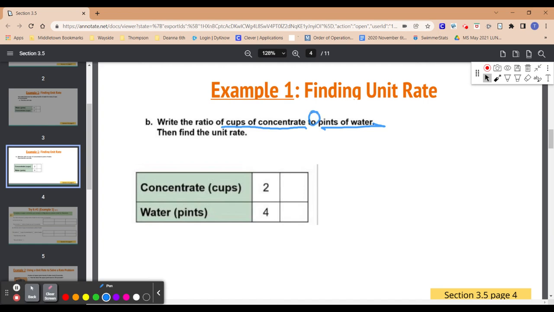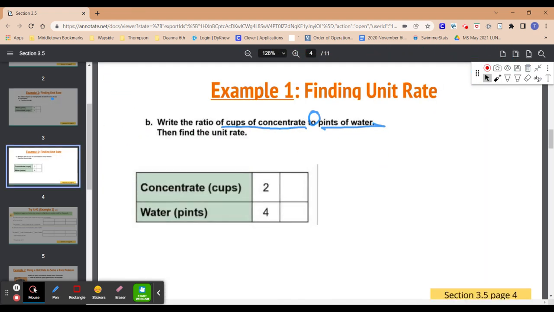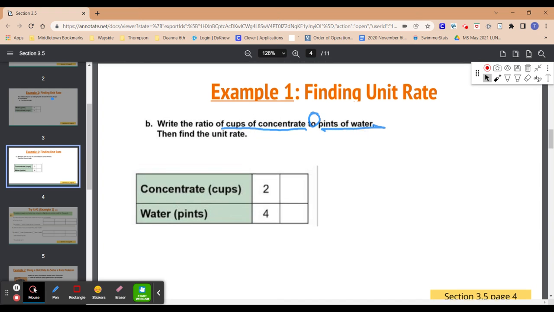So before, if we go back, look what was first. Pints of water was first, and then your cups of concentrate was second. So when they said find the unit rate, we're finding the unit rate of cups of concentrate. But now cups of concentrate is first, pints of water is second. So our pints of water is what we're looking for the unit rate.